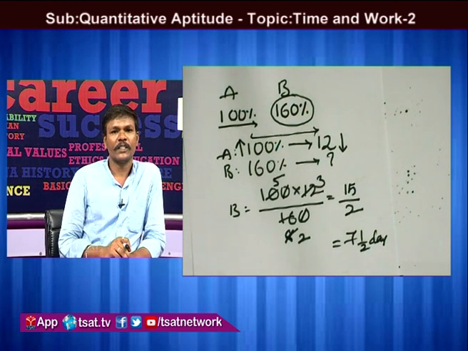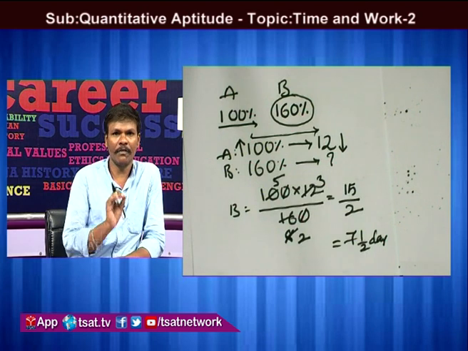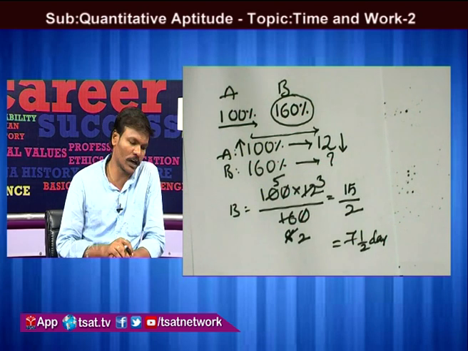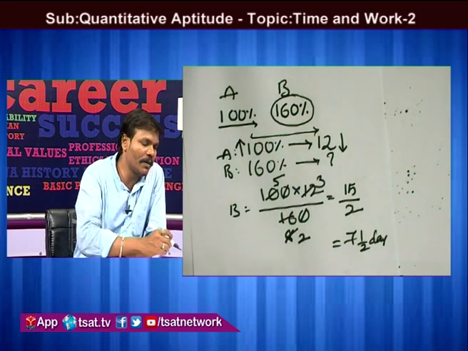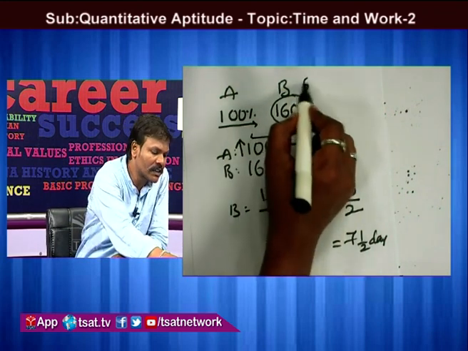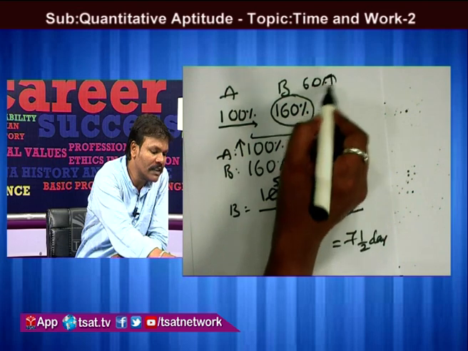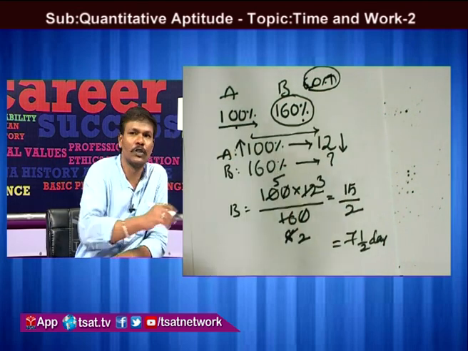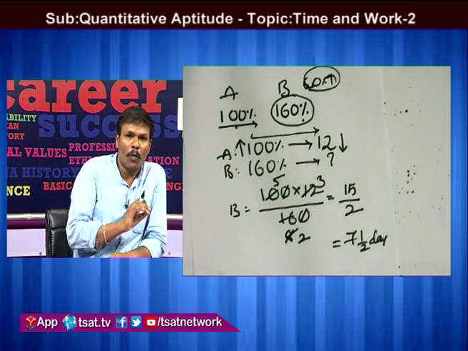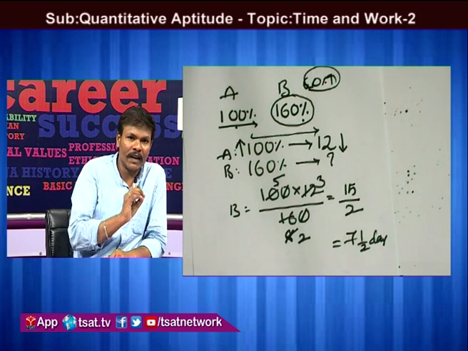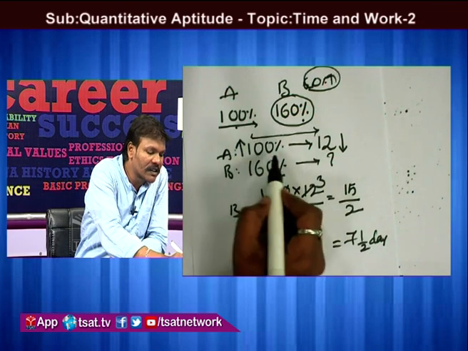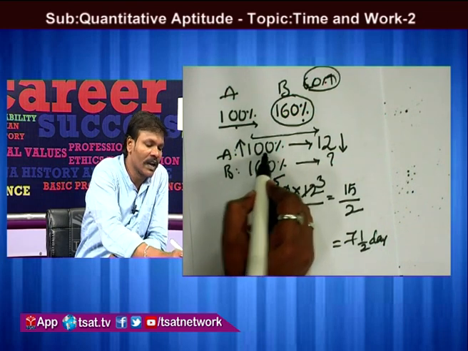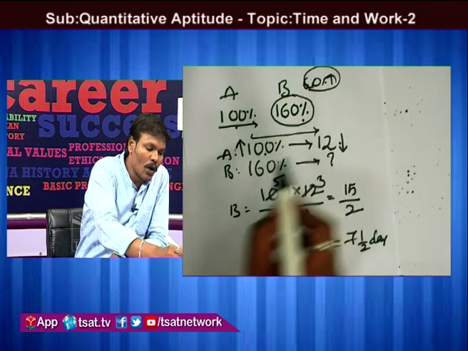A can do a certain job in 12 days, B is 60% more efficient. First, conclude the efficiency of A and B: B is 160%, A is 100%. A's 100% capacity completes the work in 12 days.